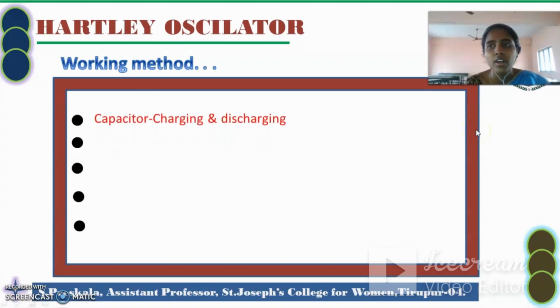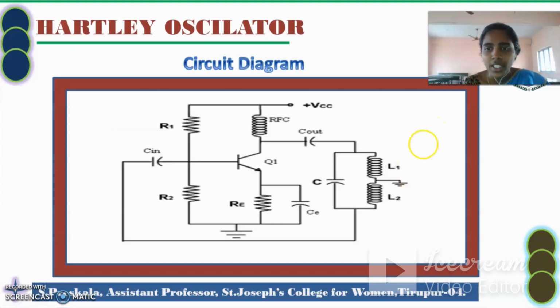Working method of the Hartley oscillator is, initially we have to energize our capacitor with the help of plus VCC. Afterwards, this capacitor discharges, it produces charges, which means electrons, to the inductance L1 and L2. L1 and L2 are coils, and they produce mutual inductance between each other.